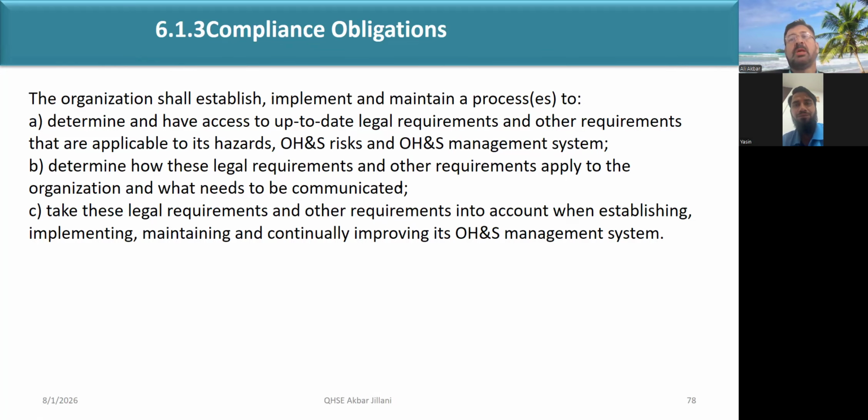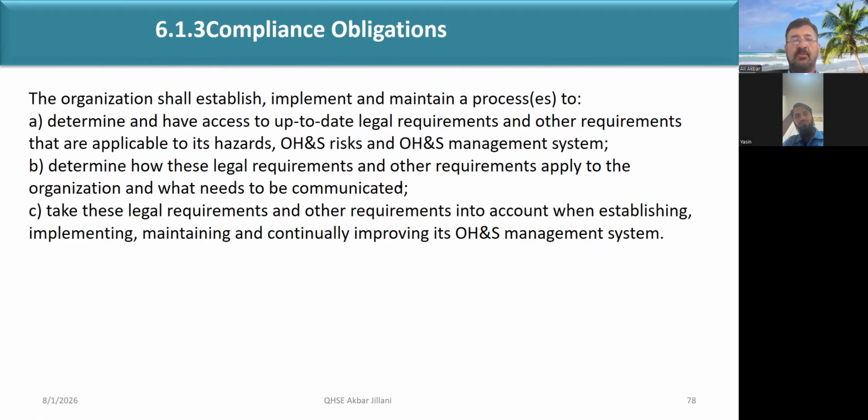We have this regulation, but now we have modified it a little bit, because the legal requirements were taken from the ILO, and now we have also customized them as per our legal requirements.